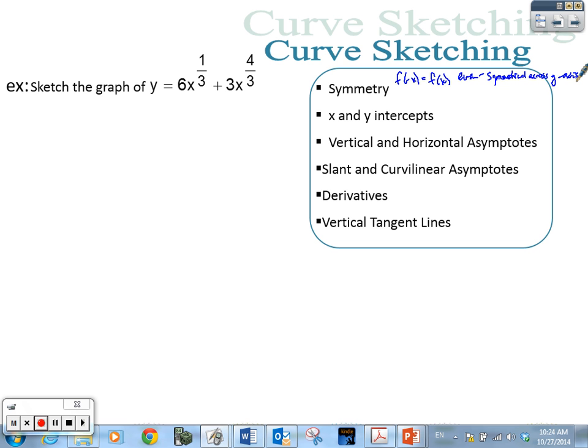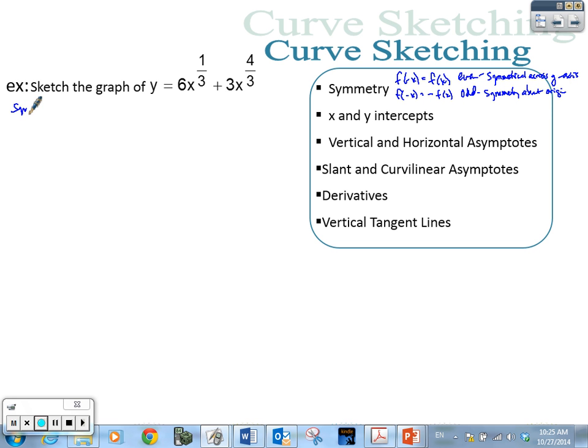Okay, so that's even. If you take the original function and you put in a negative x and you get out the exact opposite of what you started with, then that is considered an odd function, and it has symmetry about the origin. Okay, has symmetry about the origin.